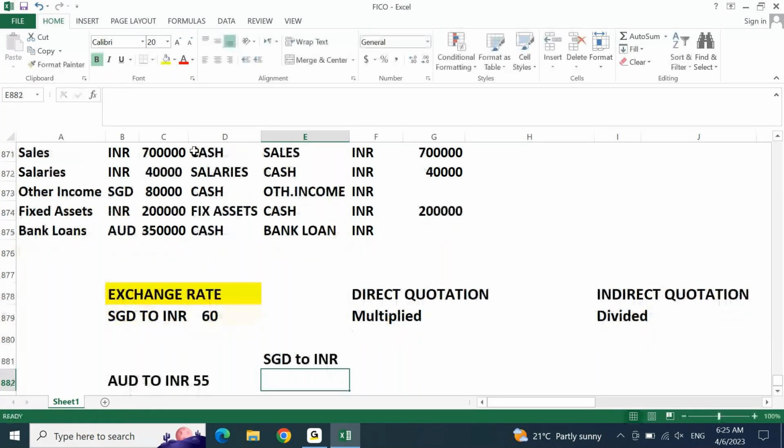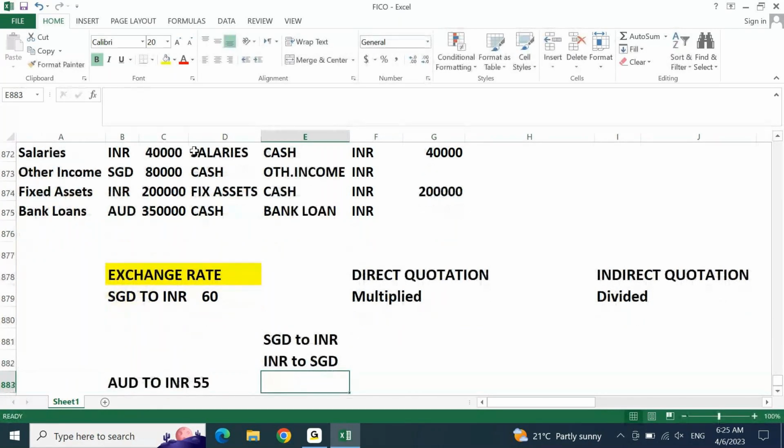Next, INR to SGD. This is mandatory to be remembered. If somebody asks how you maintain the exchange rate for Singapore dollar to INR if the rate is 60, and you tell only one line, you're wrong. You have to tell both lines: Singapore dollar to INR, INR to Singapore dollar, direct quotation and indirect quotation both.